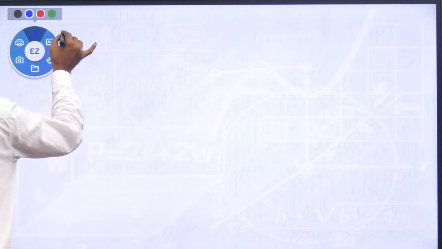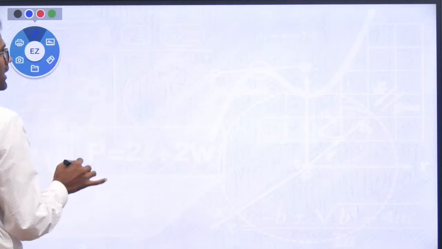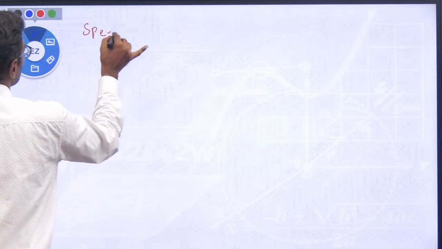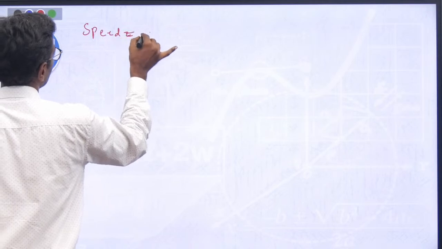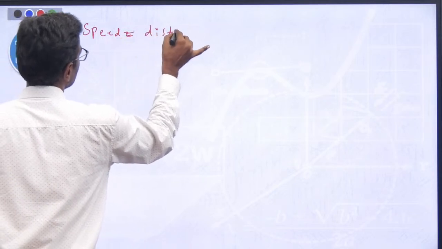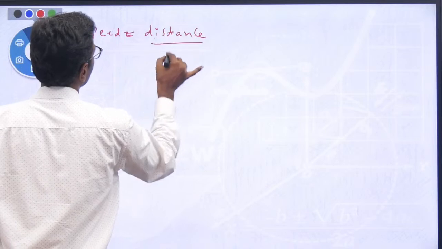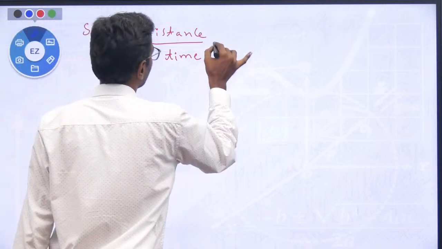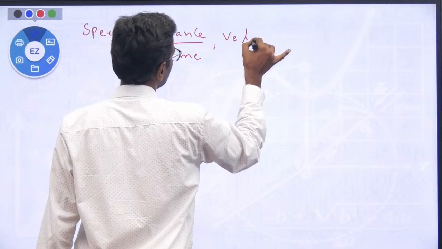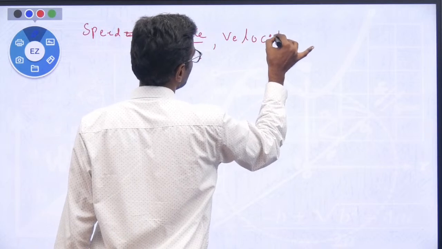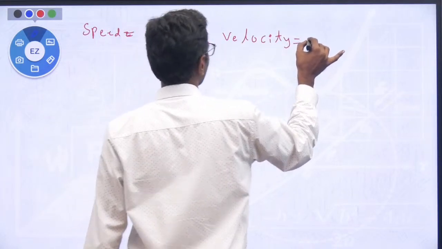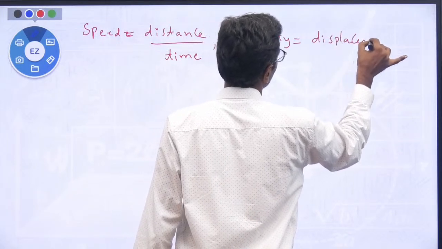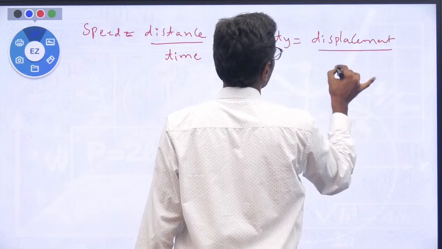Okay, let me explain. We were discussing average speed and average velocity. Average speed equals distance upon time taken, whereas velocity equals displacement upon time taken.